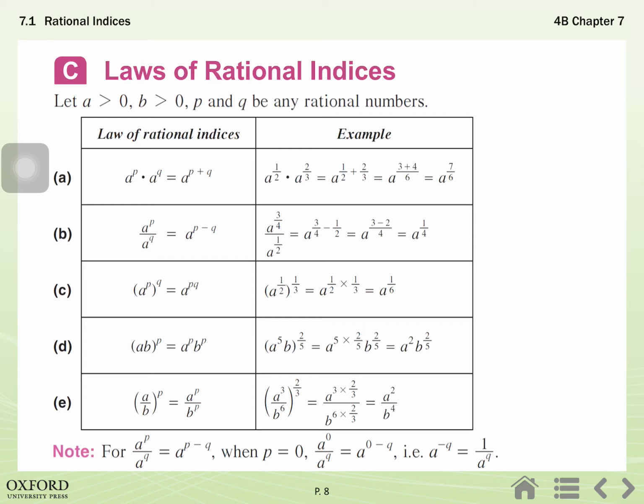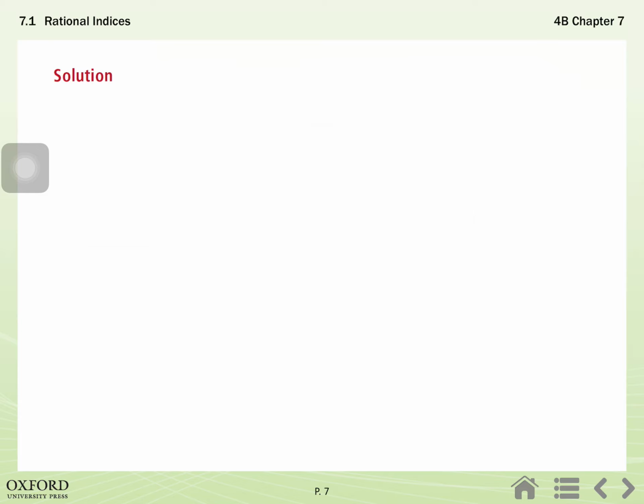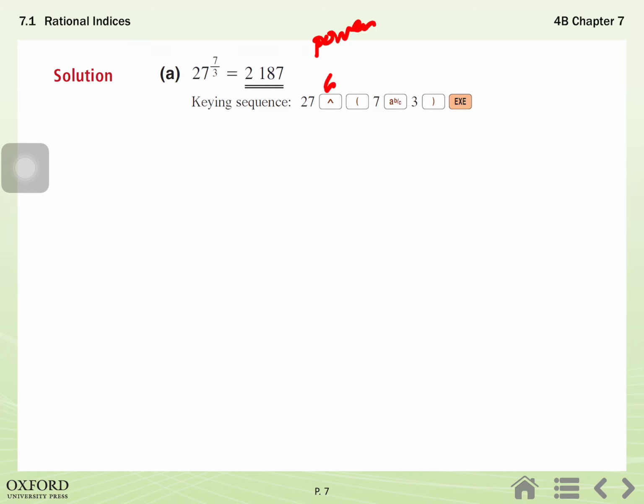So the solution, this one, 27: you have to input the power key, and then you use brackets. Next is 7 over 3, so you just input it in this fashion, it's easy. And then you don't forget to close the bracket.